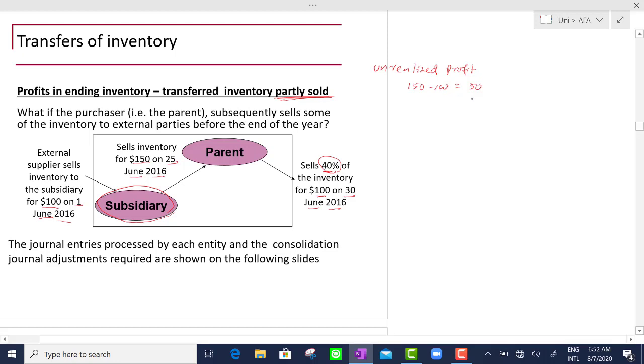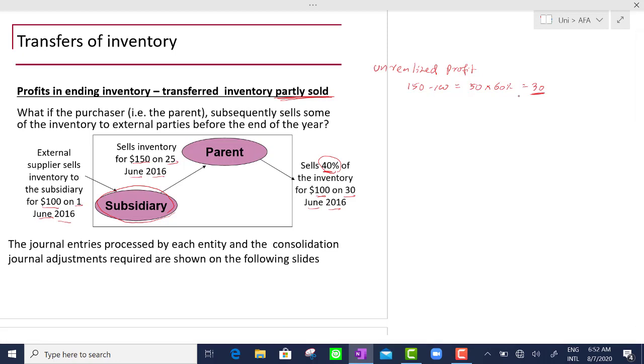The unrealized profit is not the entire 50. That is multiplied by, now 40% has been sold, therefore remaining 60%, which is equal to 30. That is the unrealized profit.